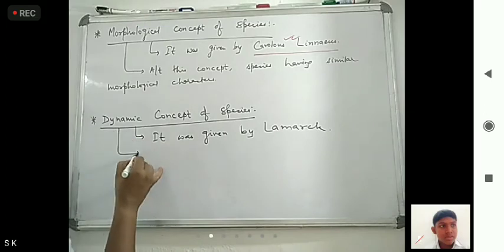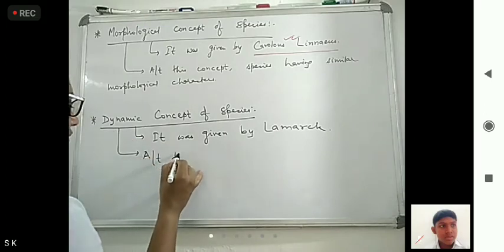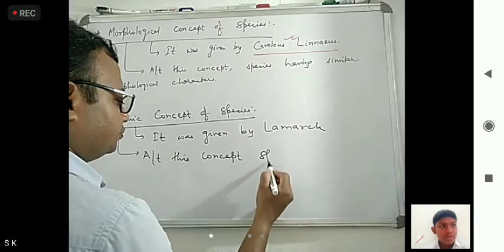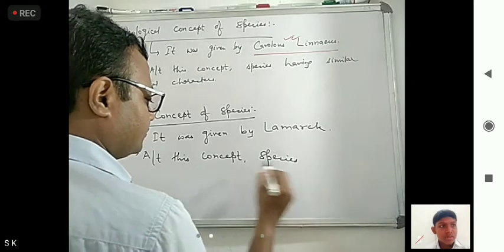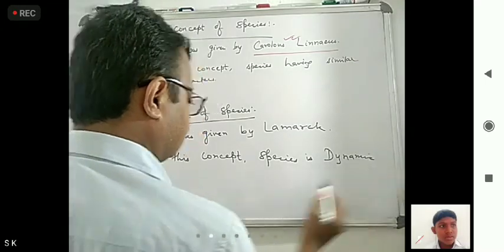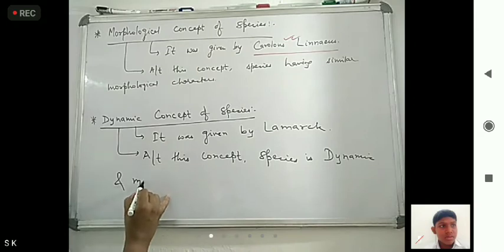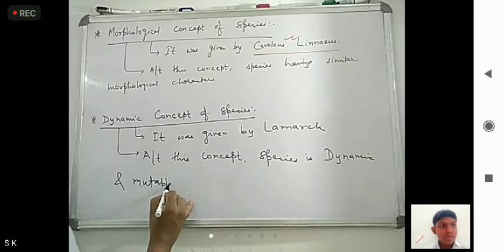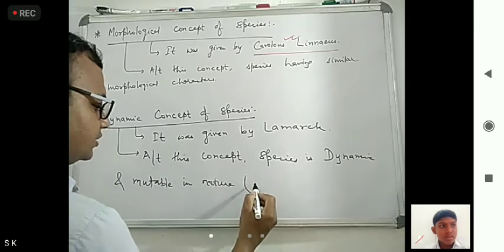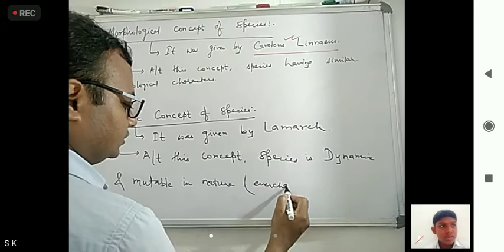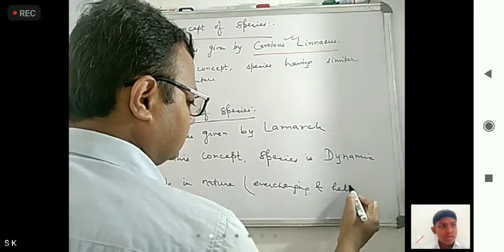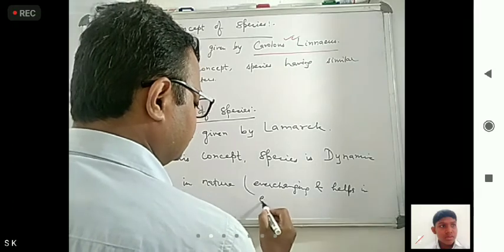According to this concept, species is dynamic and mutable in nature, means ever changing and helps in evolution.